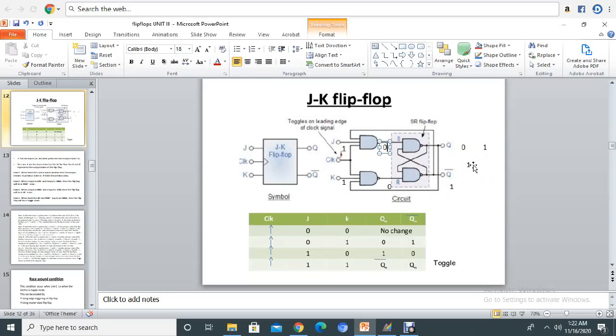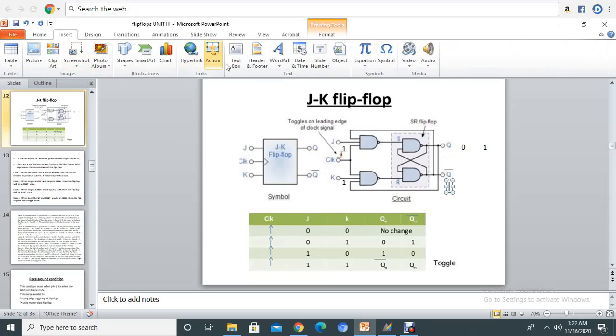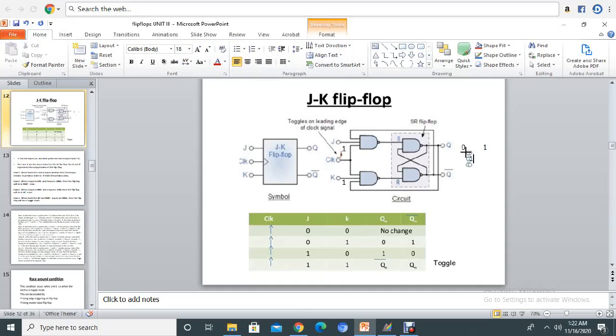Sorry, once again I am explaining. I am taking Q is equal to 1.